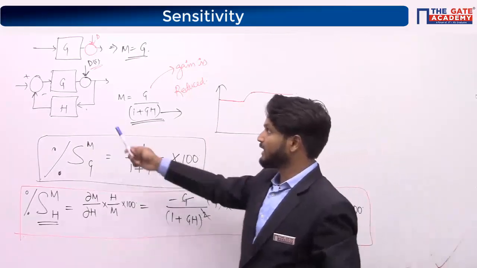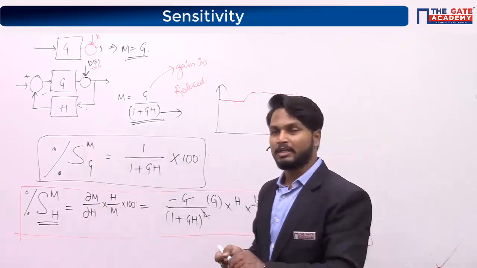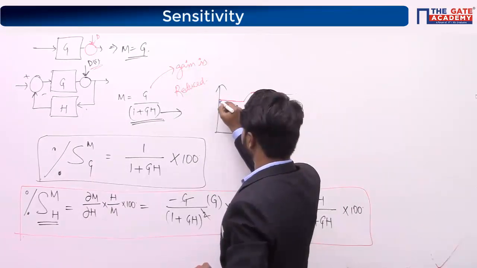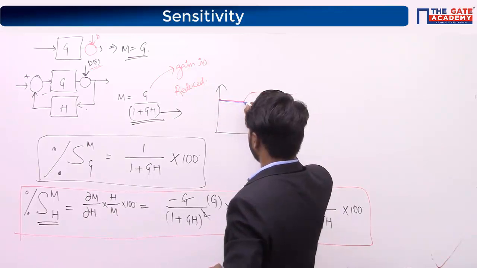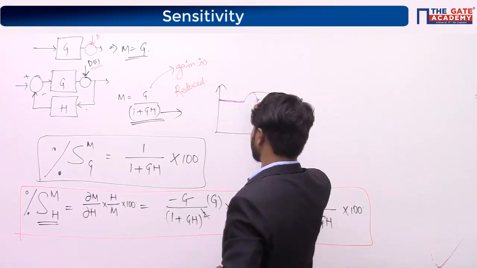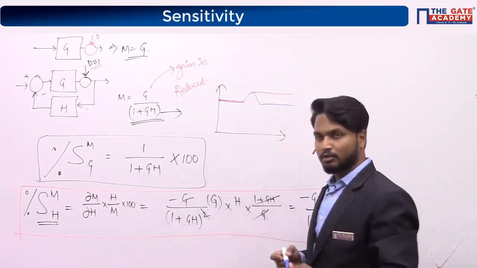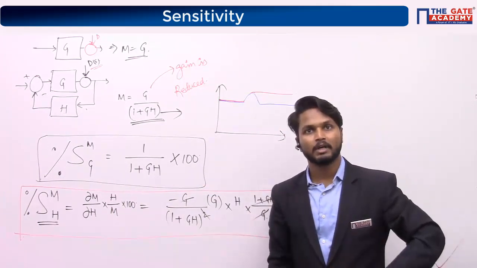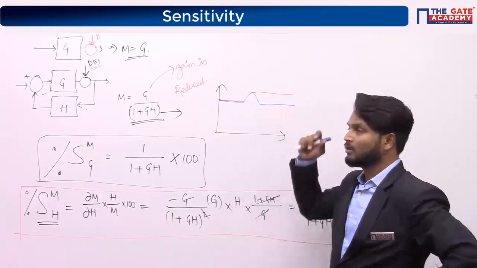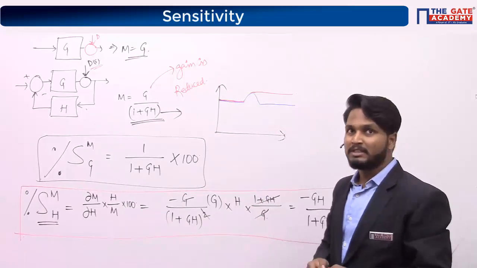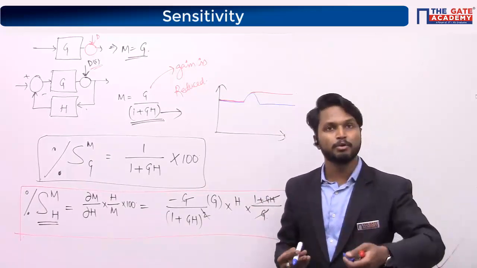Whereas in the case of a negative feedback system, the system will always take feedback and it will counteract disturbances and changes. It will again bring it to the original position, which means disturbance rejection is improved.